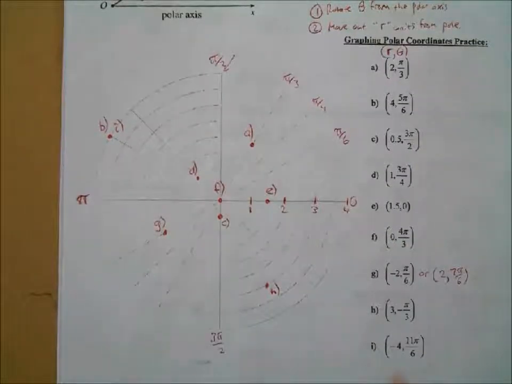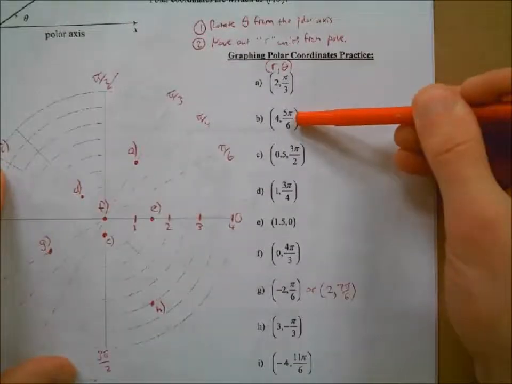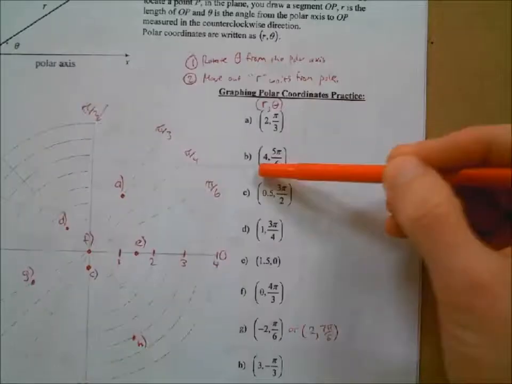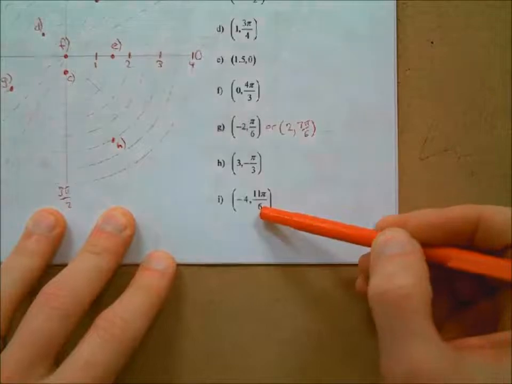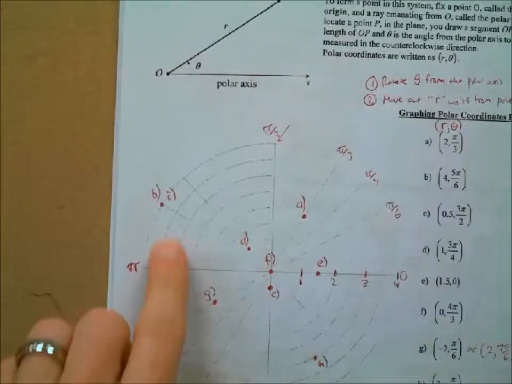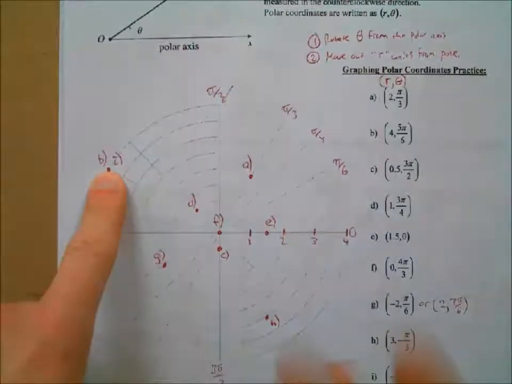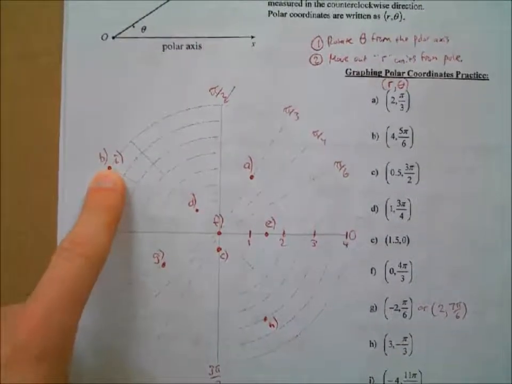We came across the fact that, for example, here, two different coordinates, B and I, their coordinates are not at all the same. One is positive 4, 5 pi over 6. One is negative 4, 11 pi over 6. And they both identify the same point, same location, I should say. Which is unlike what we talked about in rectangular coordinates. A single rectangular coordinate describes a single point.